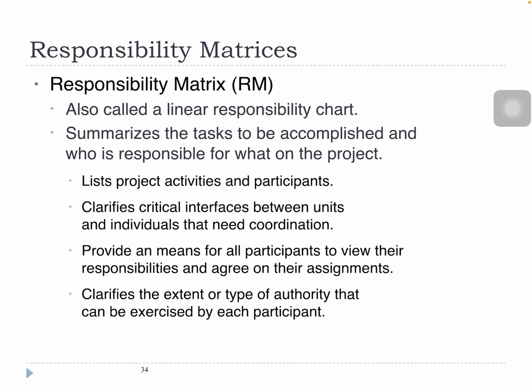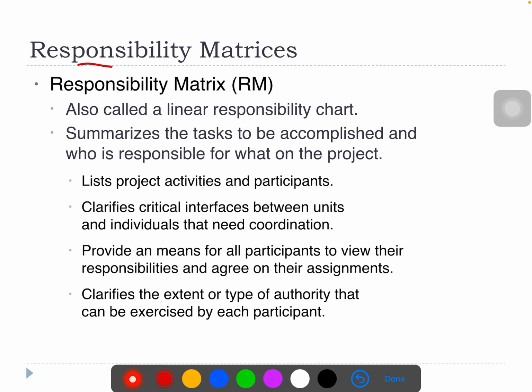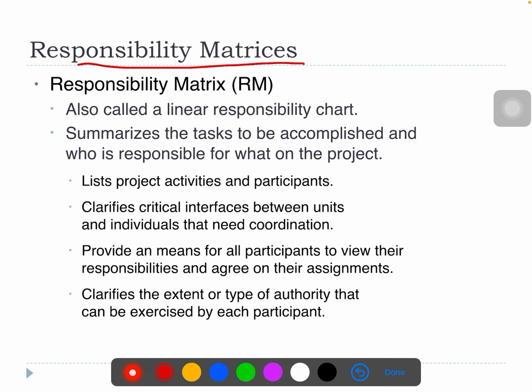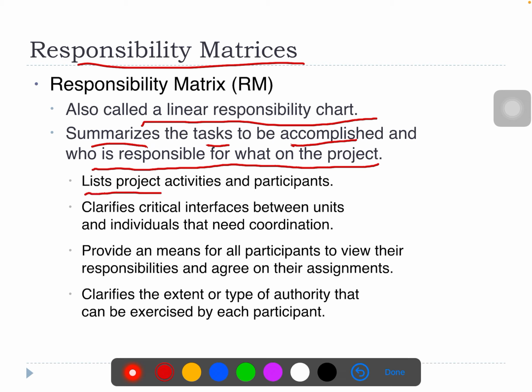And today I shall continue with responsibility matrices. It is also called a linear responsibility chart that summarizes the tasks to be accomplished and finds out who's responsible for the team project. It lists down the project activities and the participants.